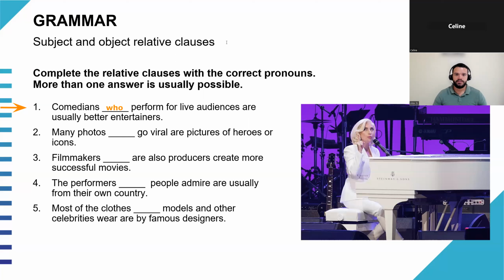In this case, the subject and object relative clauses are going to be who and that, which and that. So this is going to be for things or objects, and this is going to be for people. Okay. All right, Celine. So how can we complete number 2?